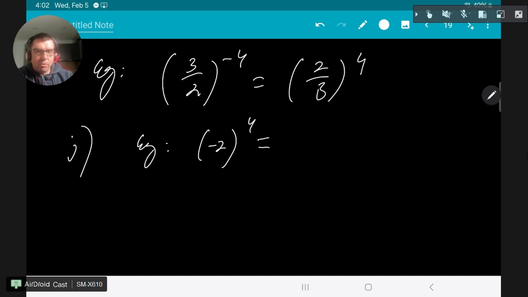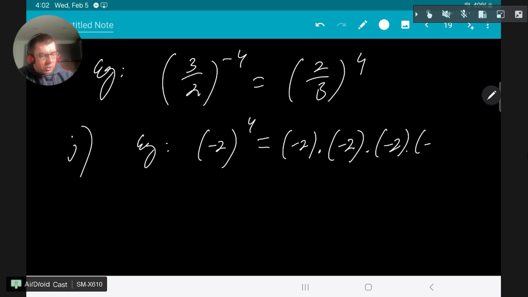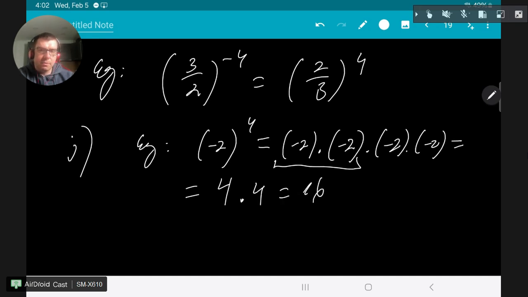Now let's apply our definition. This is minus 2 times minus 2 times minus 2 times minus 2, 4 times multiplied by itself. Now minus 2 times minus 2 is plus 4, because minus times minus gives a plus. And then I have another minus 2 times minus 2, which is another 4, which is plus 16, all right?